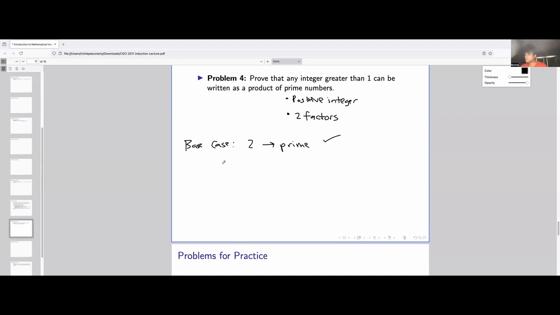All right, so now let's use our inductive hypothesis. So I'll just say assume that the numbers from 2 to k can be written as the product of primes.